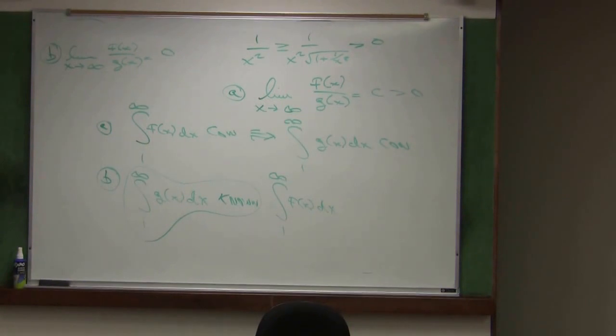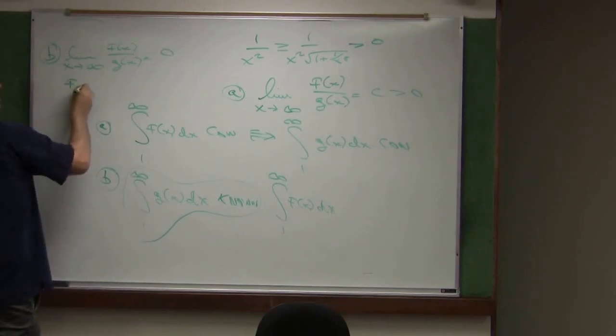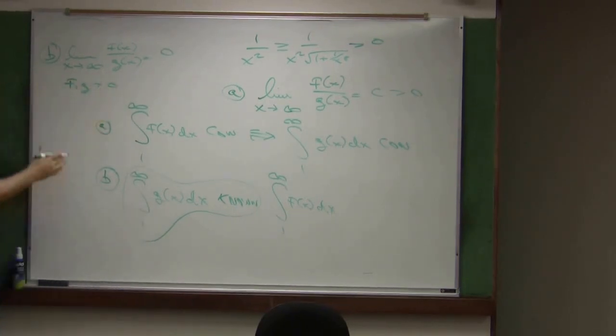You know that f is a lot smaller than g. They're both positive, but the ratio is going to 0, so you know g is getting a lot larger compared to f. So if we knew that that integral converged, what would you know about f?